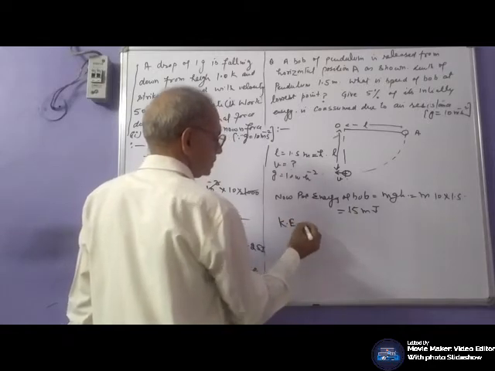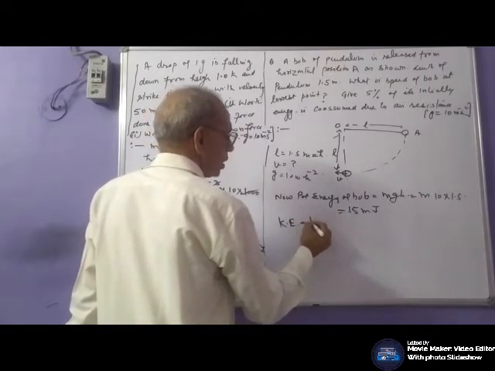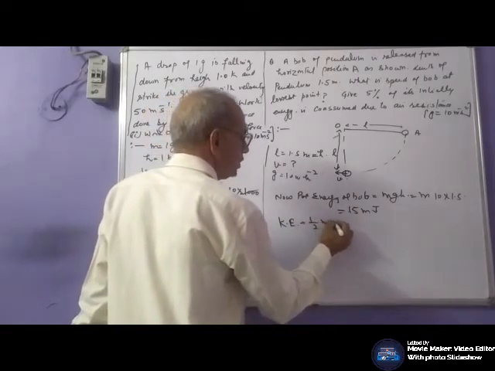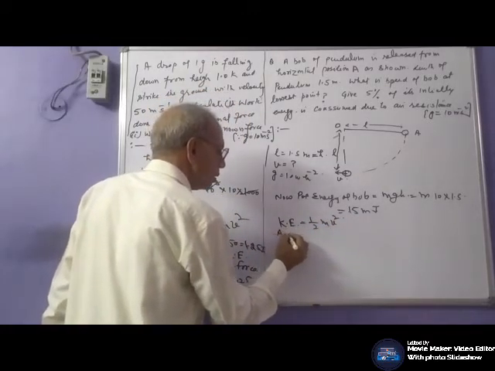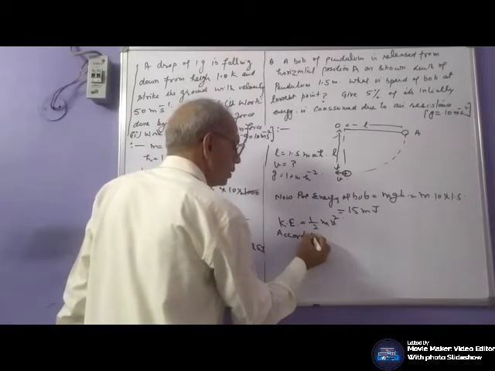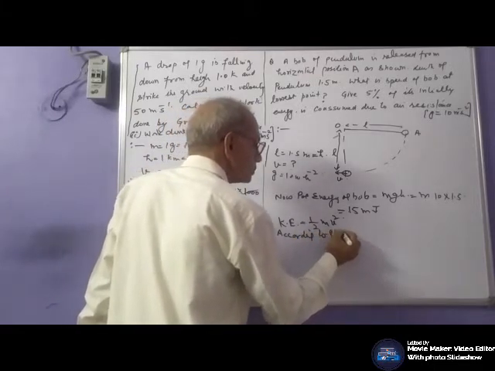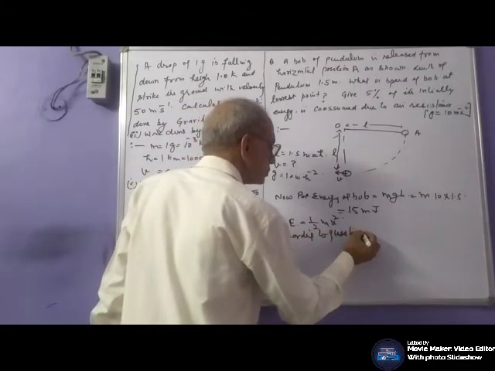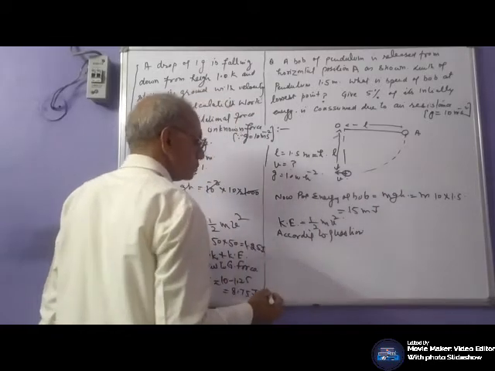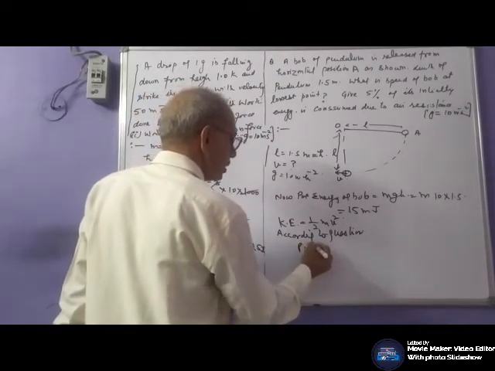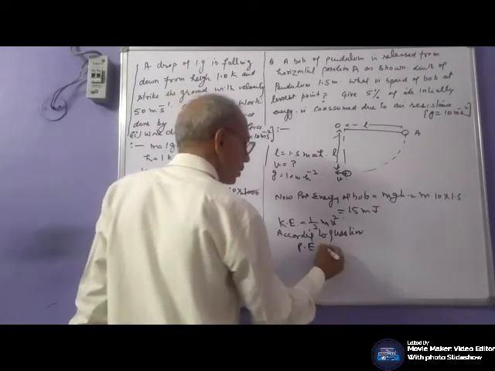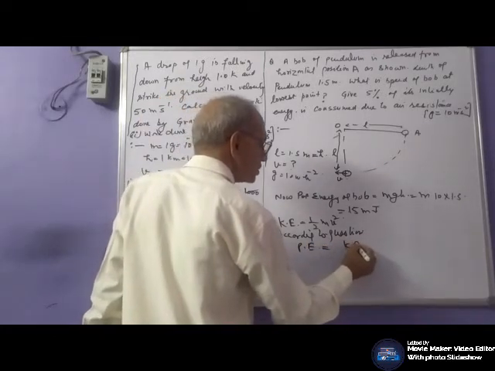Kinetic energy is half mv square. According to the question, potential energy is converted into kinetic energy.